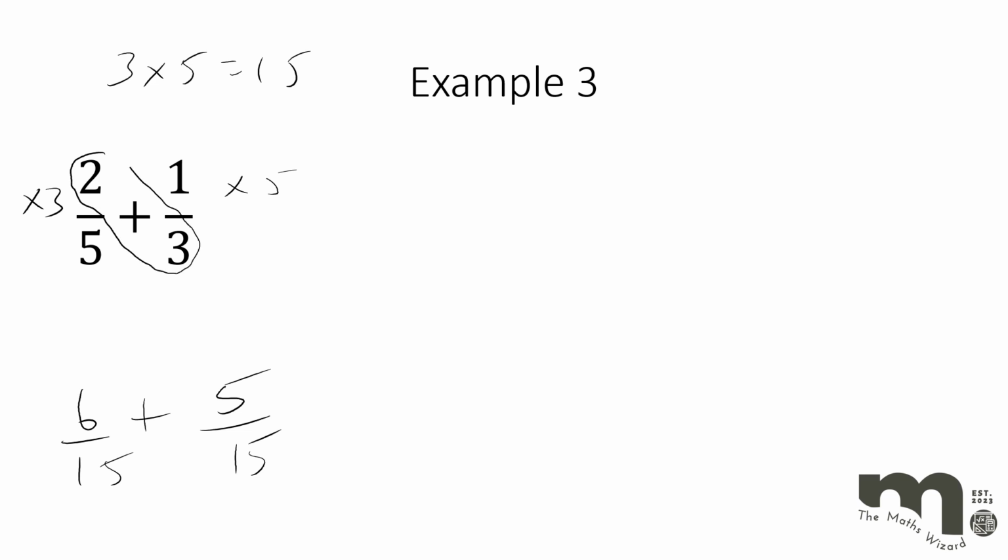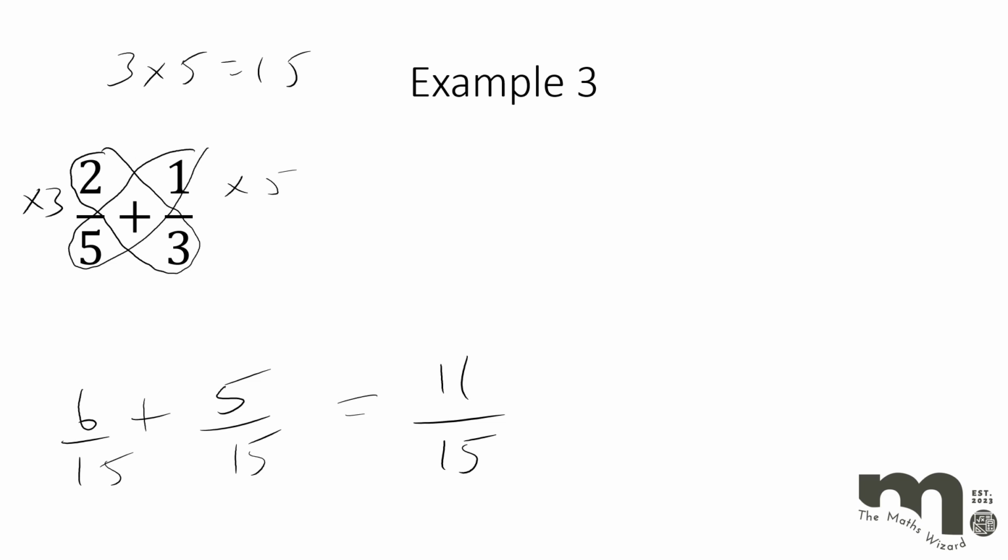So you can do 2 times 3 there to get 6, and 1 times 5 there to get 5. Now you're at a point where the denominators are the same. So you've now just got to do 6 add 5, which will give you 11, and the denominator will stay as 15.